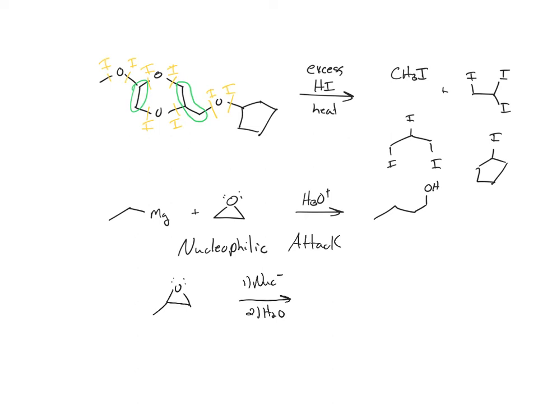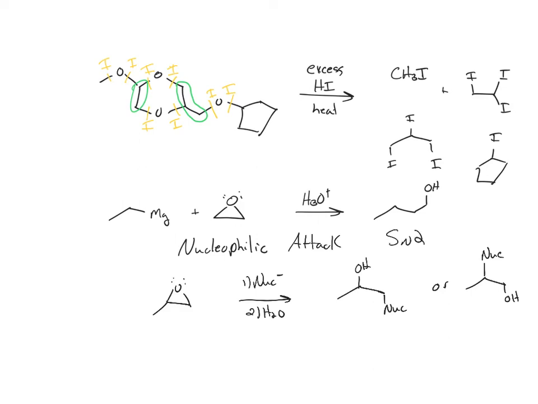I can get one of 2 products. I could get this product, or that product. And this is going to depend on what? How strong the nucleophile is. So is it going by an SN1 pathway or an SN2 pathway? We're going to say this is a strong nucleophile, so this is going to go by an SN2 pathway.